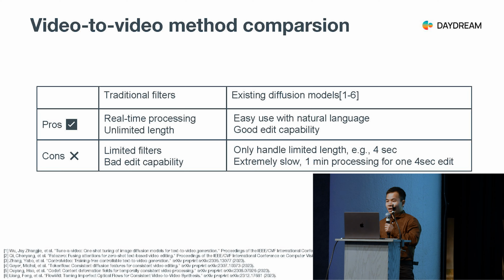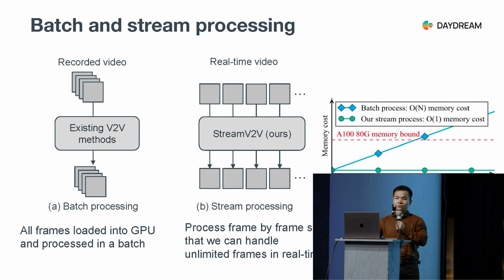How can we get the best of both worlds? Before I jump into the solution, let me elaborate a little bit on why existing diffusion models are slow. Chenfeng already talked about this: the existing video diffusion models treat video as a chunk.